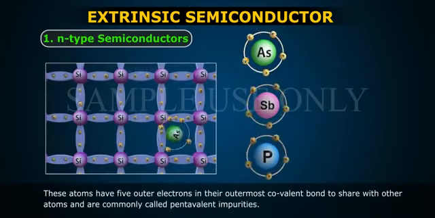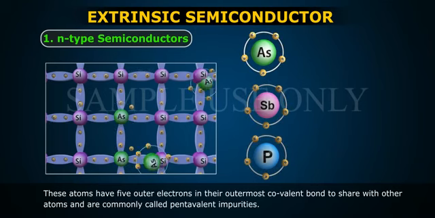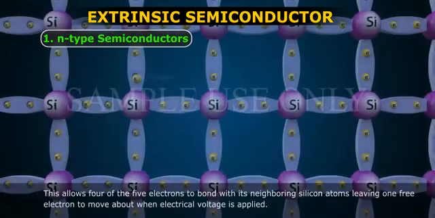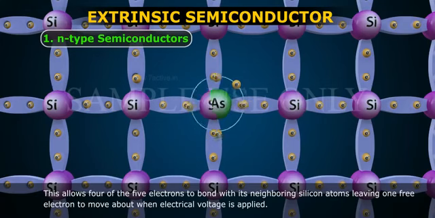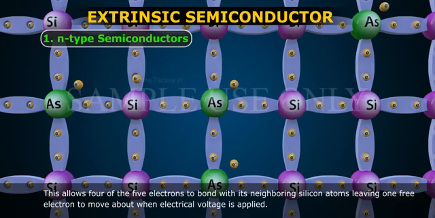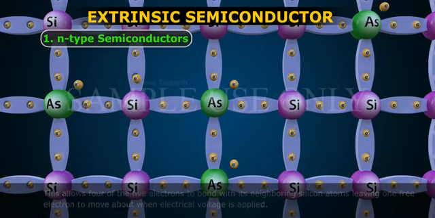These atoms have 5 outer electrons in their outermost shell to share with other atoms and are commonly called pentavalent impurities. This allows 4 of the 5 electrons to bond with neighboring silicon atoms, leaving 1 free electron to move about when electrical voltage is applied.